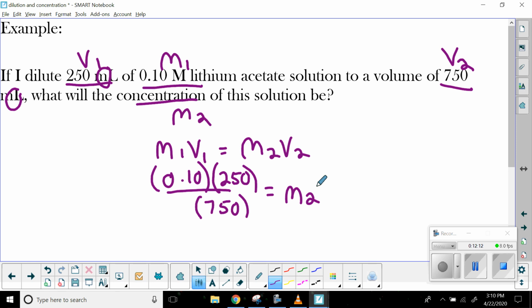The 0.10 times the 250 divided by 750. And with 2 sig figs, I find my new concentration is going to be 0.033 moles per liter of lithium acetate.